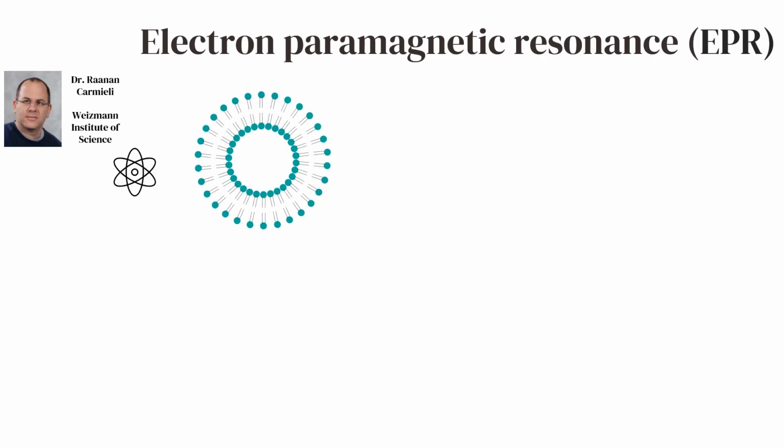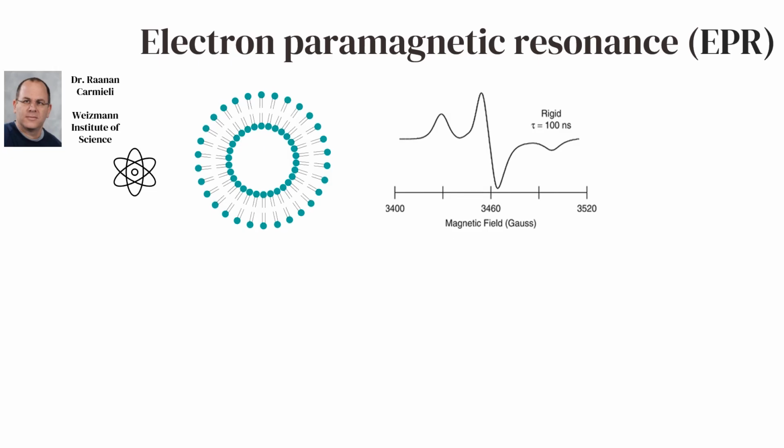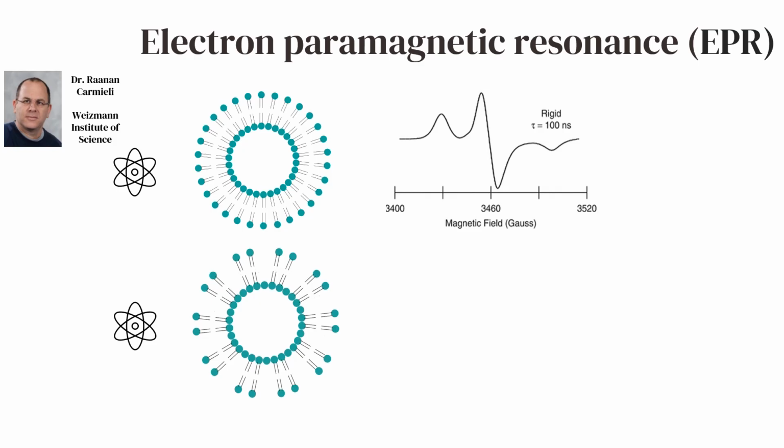If an unpaired electron is in a rigid membrane, we will get a signature from this machine that looks more like this. But if an electron has room to move in a mobile membrane, we will have a signature that looks more like this. And this is what we did.